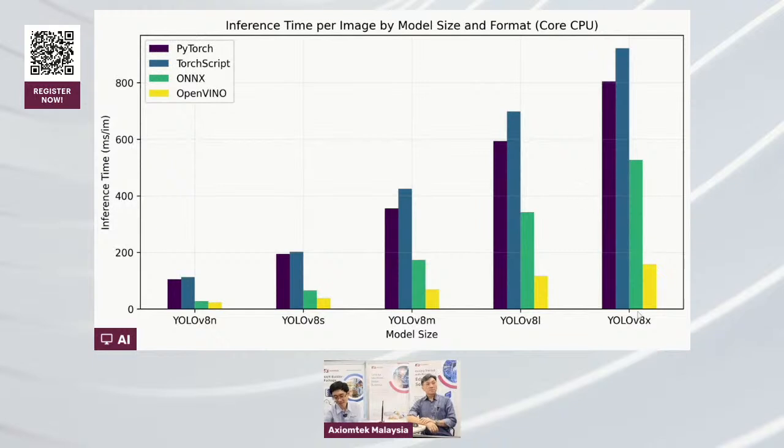Okay, so from this chart, from the left-hand side, this one is the smallest size of YOLO. YOLO V8, I think maybe N stands for nano, and then S, and then the medium, and then the large, and then this one is extra large.